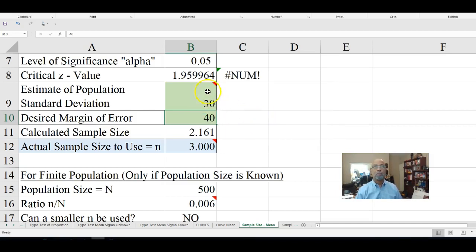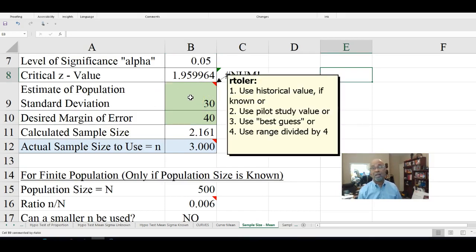You could use the best guess. Obviously, try to get that best guess from an expert, someone experienced with this type of data, or you can take the range of your data values and divide those by 4 and use that as your estimate of population standard deviation. In this case, we were given 30 as being the standard deviation, so let's use that.